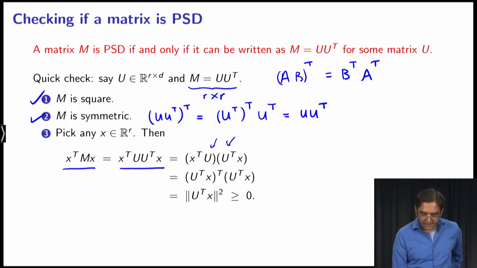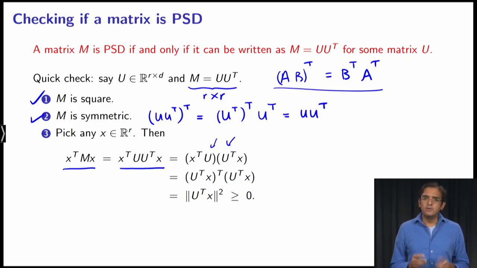Now, x transpose U. By again using this transpose formula, we can just write that as (U transpose x) transposed. And now U transpose x is just a vector, and so we get something of the form vector transpose with itself. That's familiar. If you remember, z transpose z is just the length of z squared.